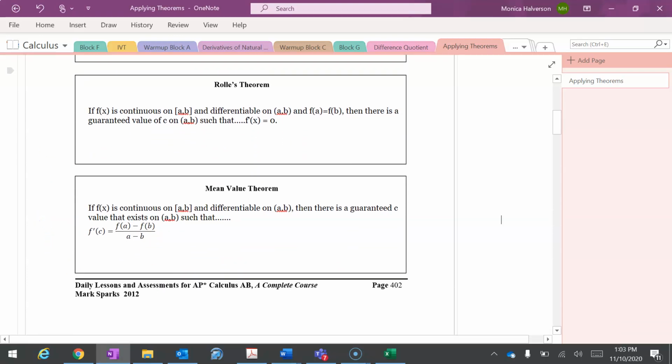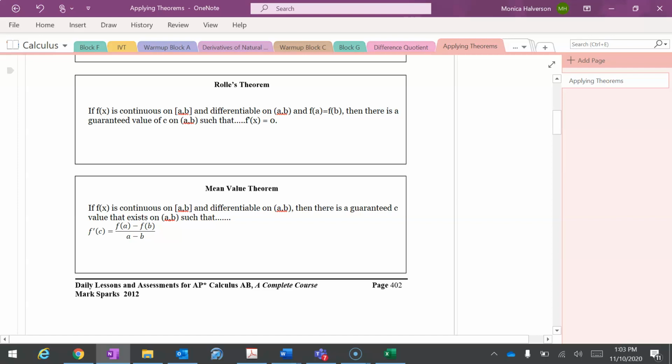Rolle's theorem states if f of x is continuous on the closed interval a, b and differentiable on a, b, and f of a equals f of b, then there's a guaranteed value of c on a, b such that the first derivative is equal to 0.